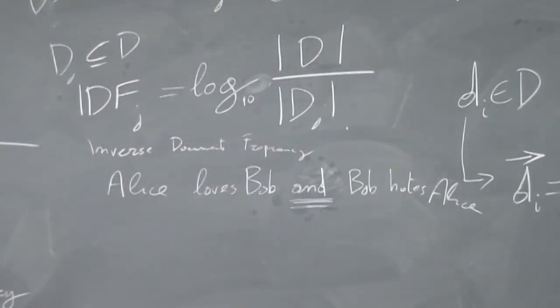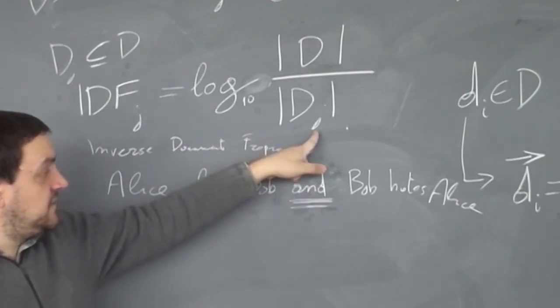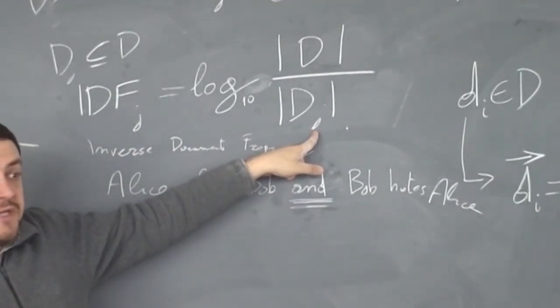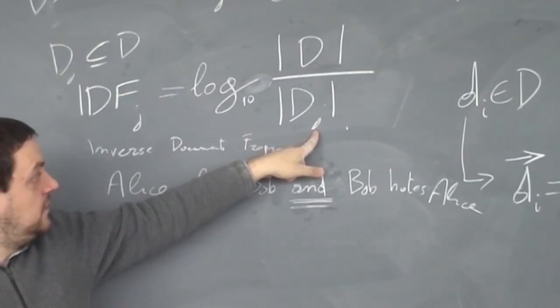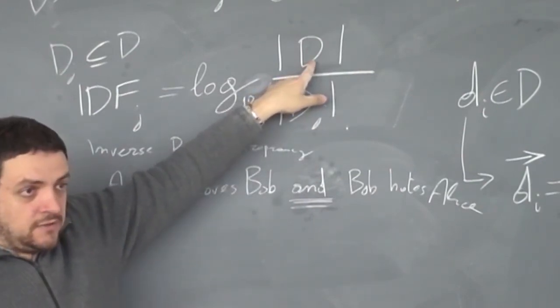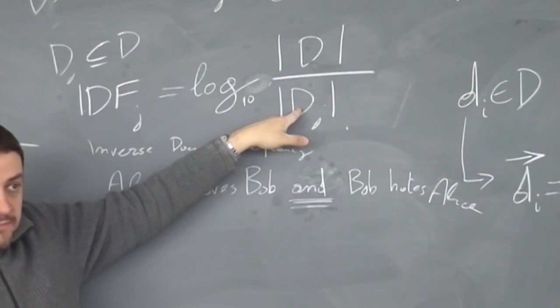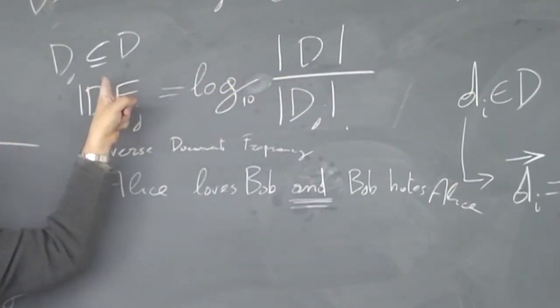Because I want something that grows, that is larger, when the term is not common. And I want something that is small when the term is common. You see that if the term is so common that it appears in all documents, so that Dj is equal to D, then this ratio is 1 and the logarithm becomes 0.